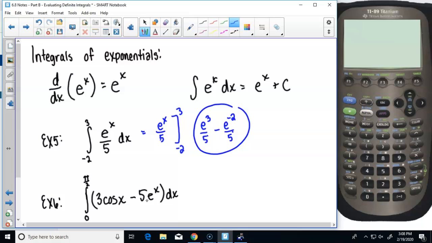So the assignment that I want you to do tonight that goes with this is on page 328. And you're going to do 5 through 29 odd, and 37, 47, and 48.